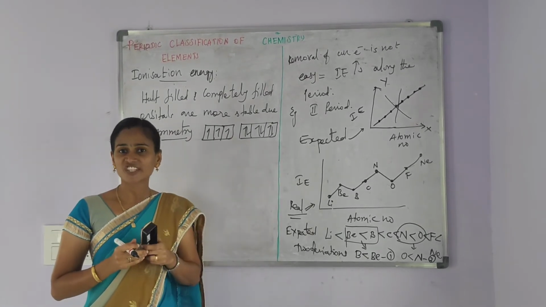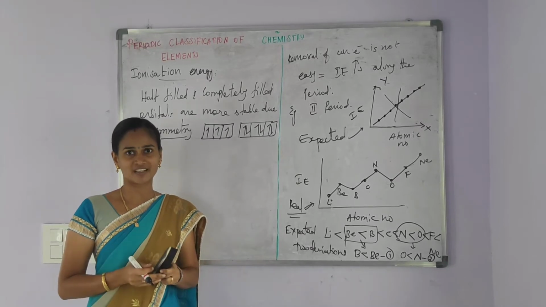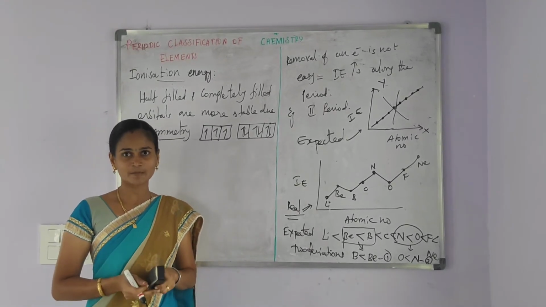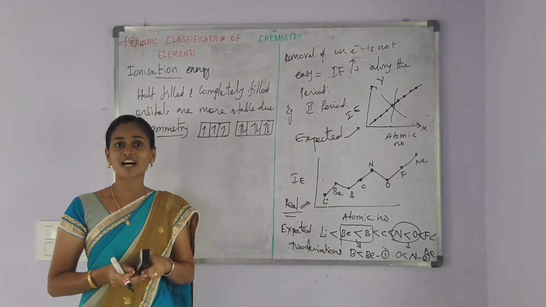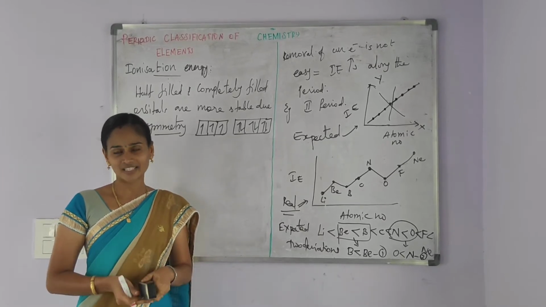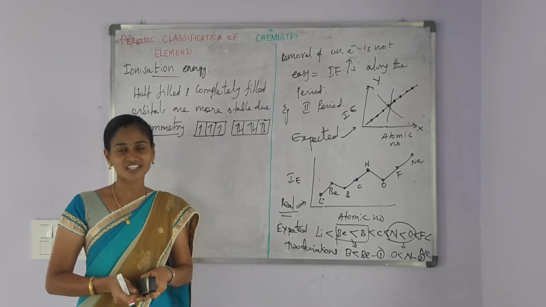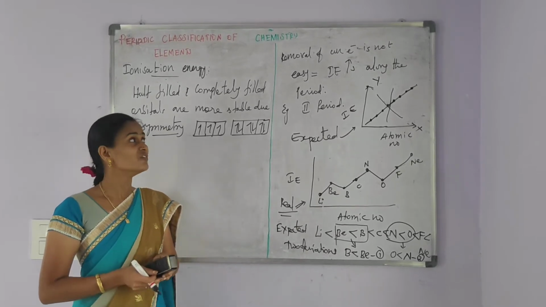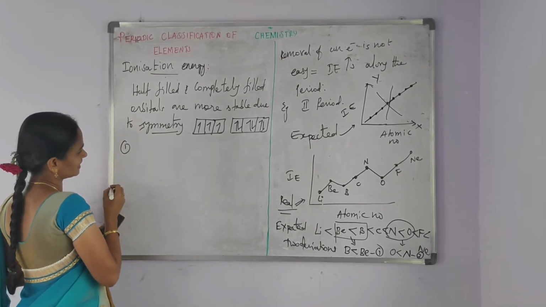The atom which possesses half-filled or completely filled orbitals possesses a higher ionization energy because half-filled and completely filled orbitals are more stable. So, removal of the electron is not easy. It requires a higher amount of energy. So, ionization energy is high for the atom which possesses half-filled and completely filled orbitals.